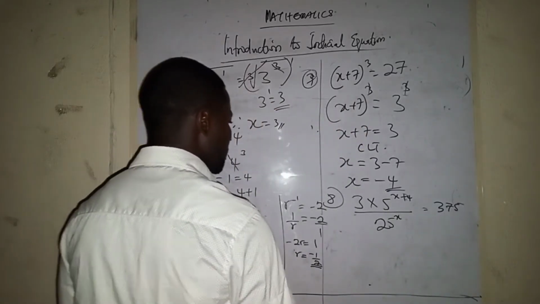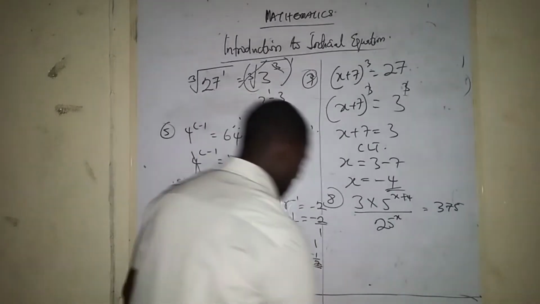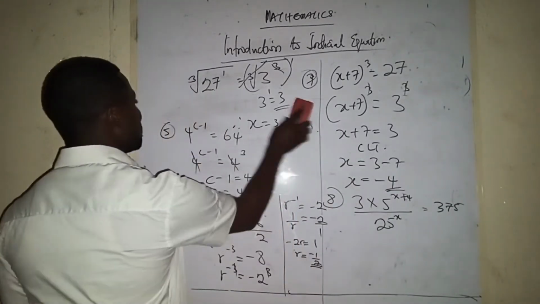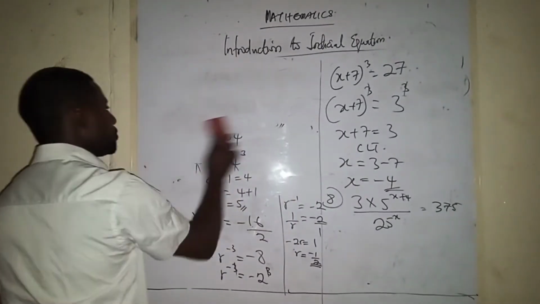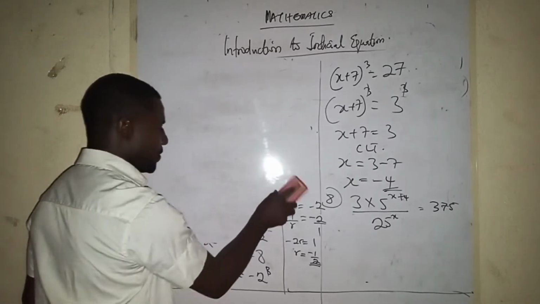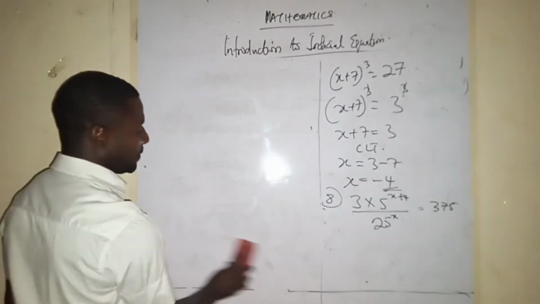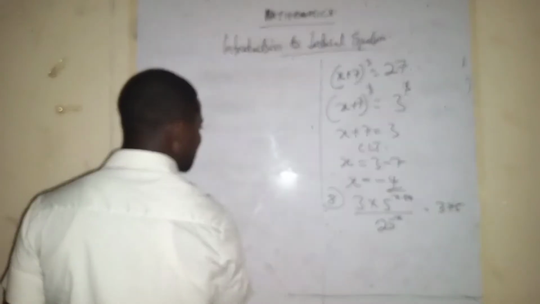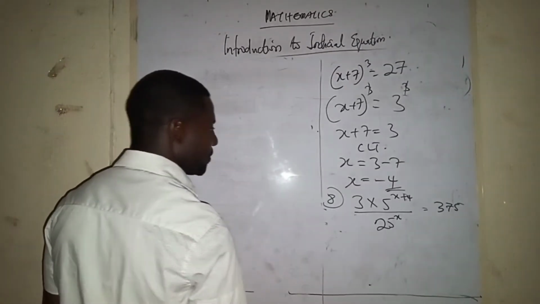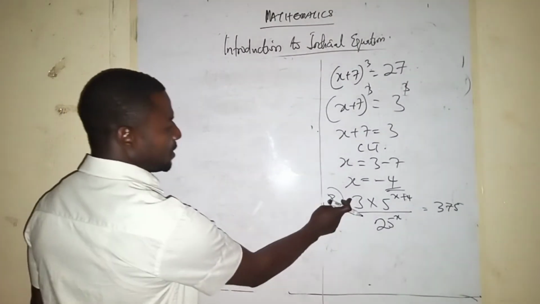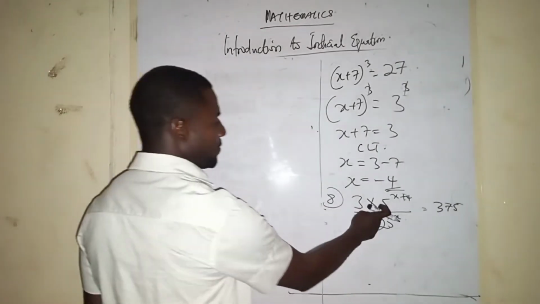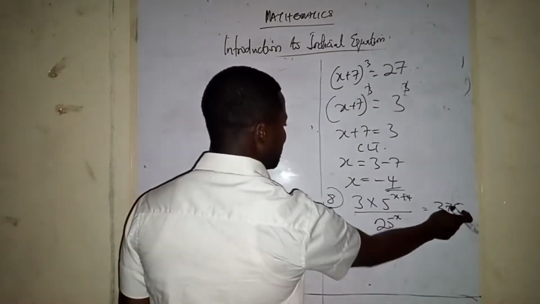You don't need to panic when you see things like this. Okay? All we just need to do is to look at the place where we start from. Now, how do we commence? It's simple. We have a 3 here. We have 25. 5. 375.